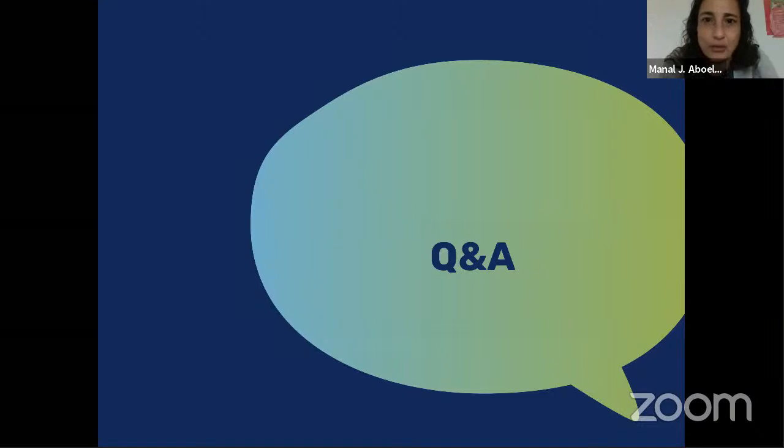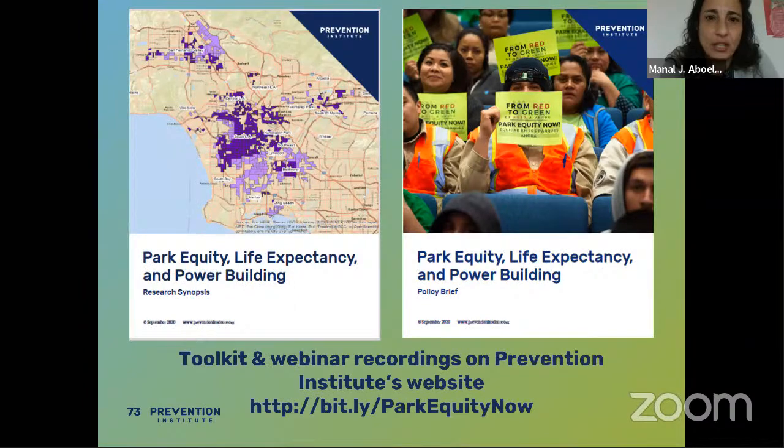I also just want to close by saying that this work, its complexities, its depth, its momentum are growing. I'm very pleased to share with you that Robert Wood Johnson Foundation has signaled a strong intent to develop a national initiative on advancing park equity policy solutions. Prevention Institute was just recently selected to work with them for a planning grant over the next 8 months.